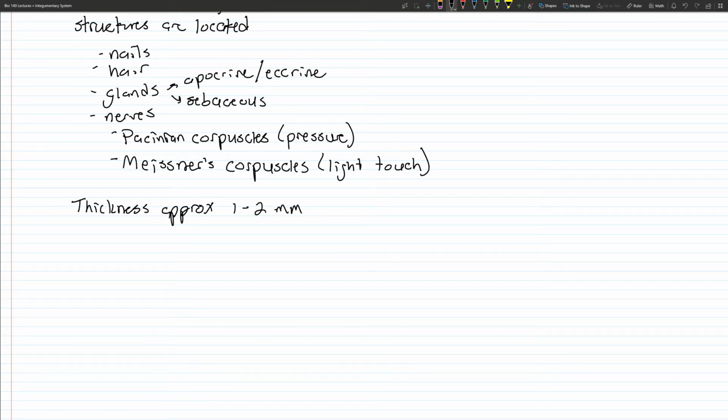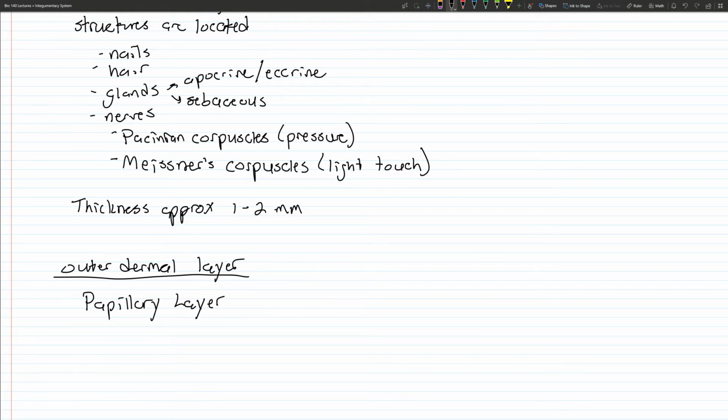And there are 2 layers of the dermis. Okay. The outer dermal layer is called the papillary layer. Okay. And guess what that is? That's where the dermal papilla are.